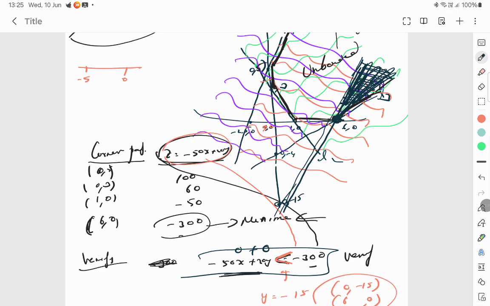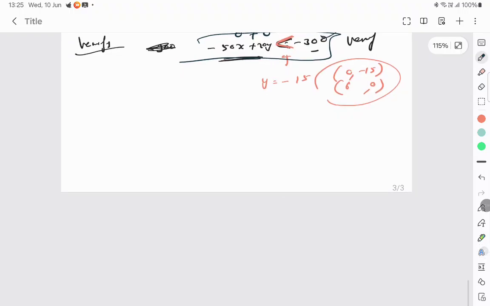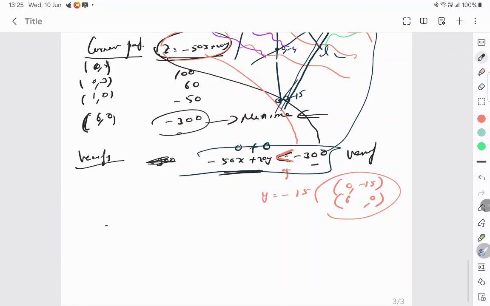Whenever it does that, the minima that you get is not the actual minima. So you should do it using the graph. If this thick shaded region is intersecting with the unbounded region, the minima that you got, minus 300, is not the minima.